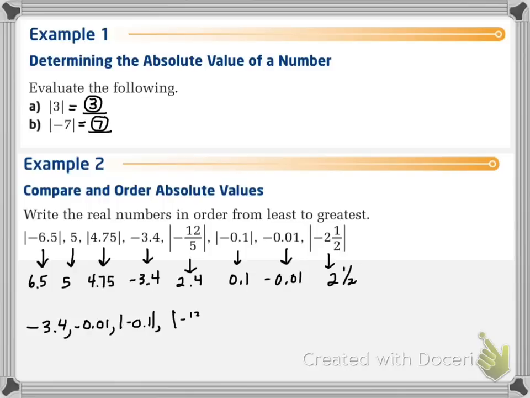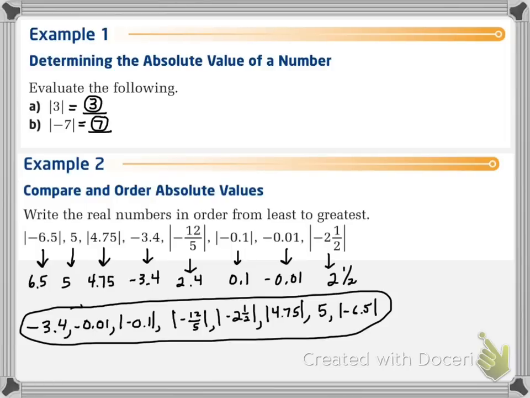Then the absolute value of -0.1. The next one is going to be the absolute value of -12/5, which is +2.4, really. Then we have the absolute value of -2.5. Then we have 4.75. And lastly 5 and 6.5.